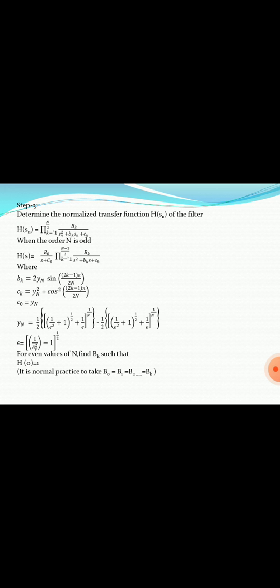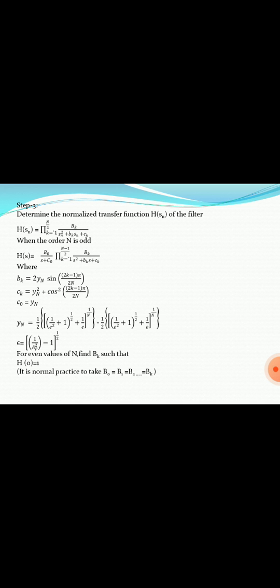Next is step 3. For this step, we have to calculate the normalized transfer function H of s n, where n represents the normalized transfer function of the filter. For the normalized transfer function, we have a separate formula: H of s n equals the product for k equal to 1 to N by 2 of b k divided by s n square plus b k s n plus c k. We have calculated the order of the filter.